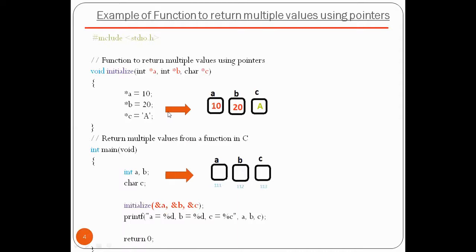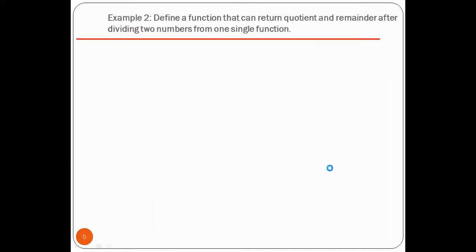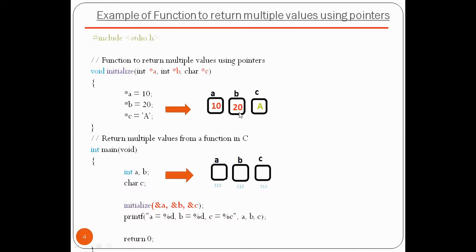So after this implementation, A will be 10, B will be 20, and C will be A. Now, if you want to print the values of A, B, and C, you will have the output: A will be 10, B will be 20, and C will be A.